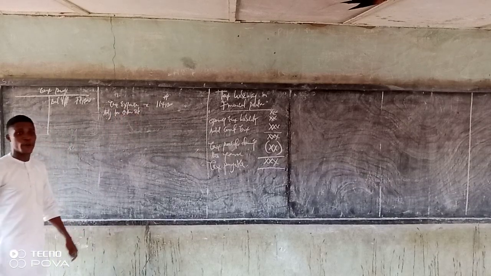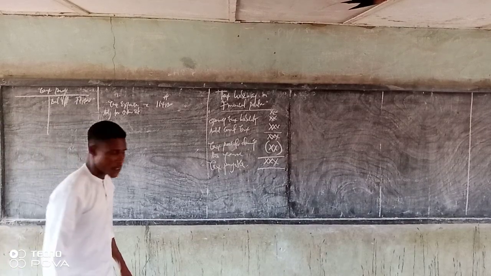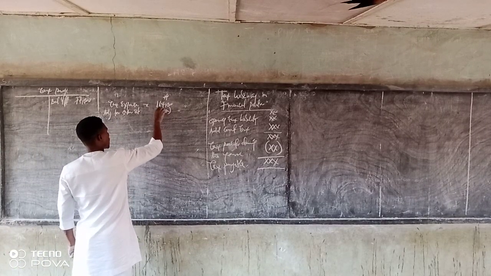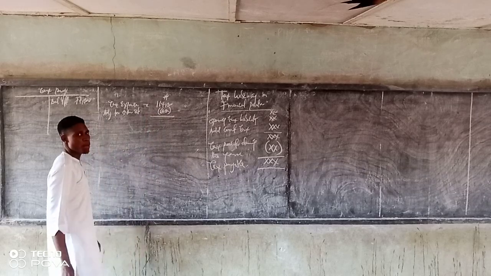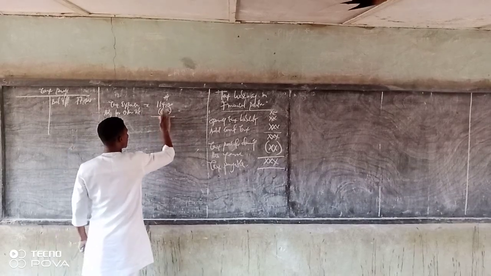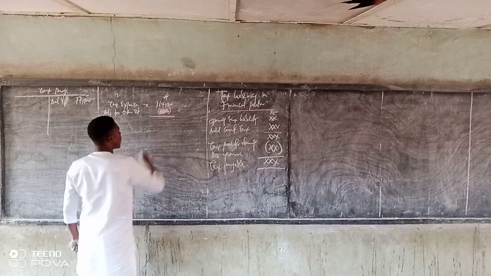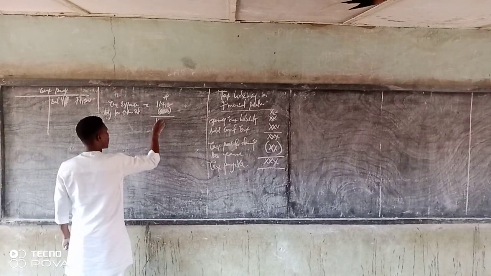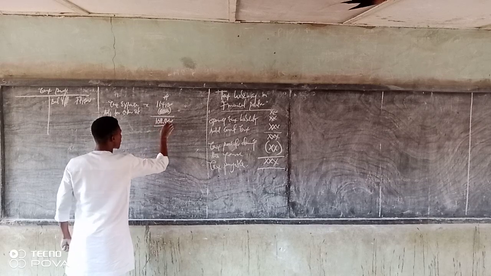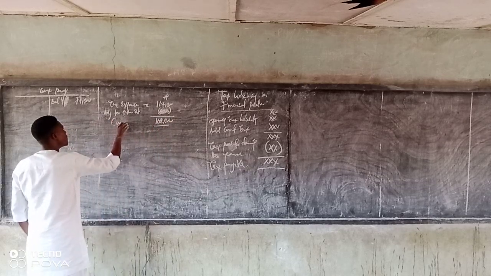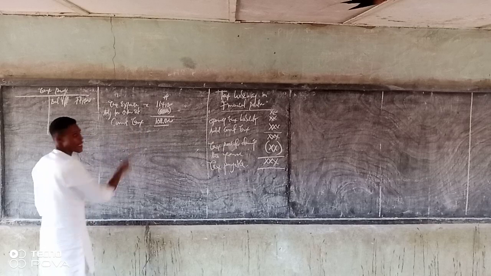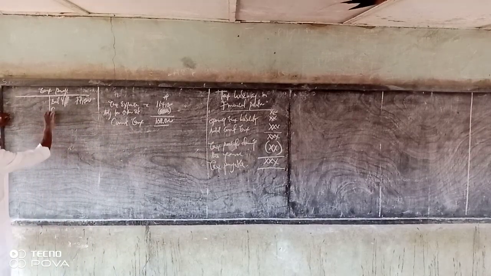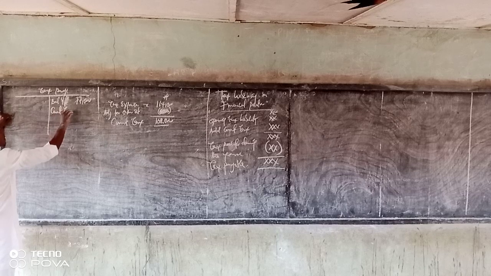When you have overestimate, what do we do? We deduct. How much overestimate? 6,000. We have 114,000 minus 6,000, 108,000. So that's our current tax. This current tax, you put it to the credit side of your ledger. That's our current tax. How much?